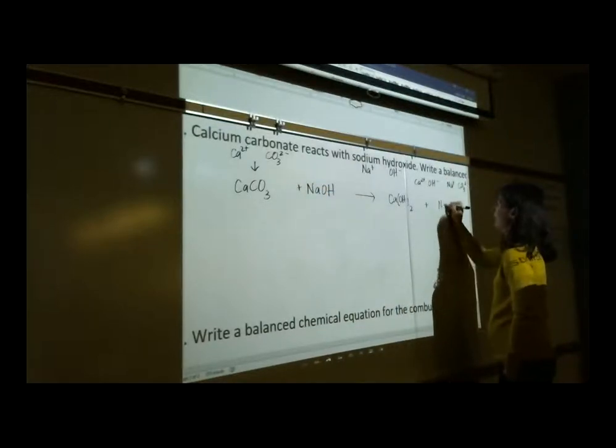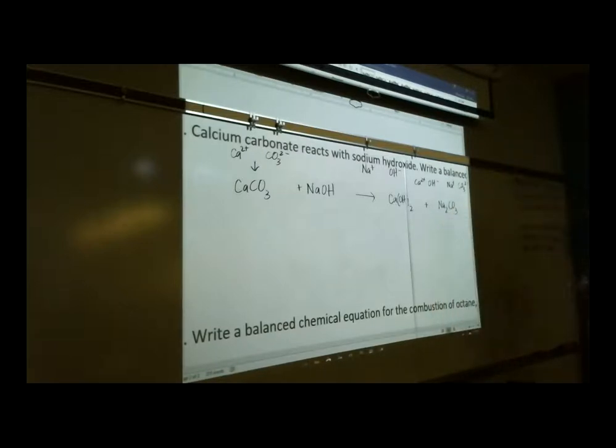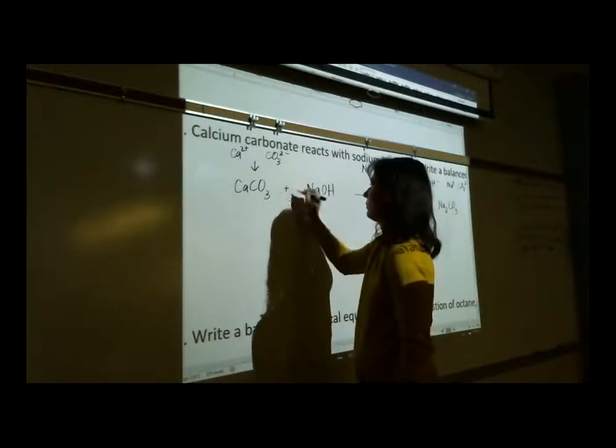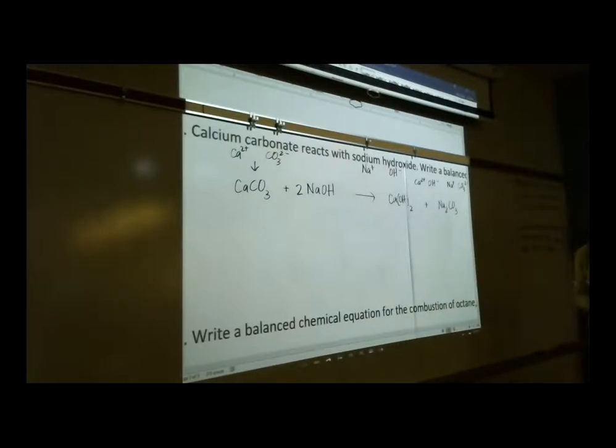So that gives me Na2CO3. Is this balanced? No. What do I need? 2 on the NaOH. Just the 2 in front of NaOH. Right. Double displacement. Questions on this one?